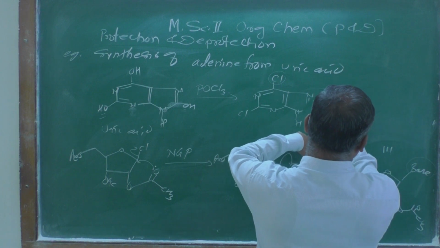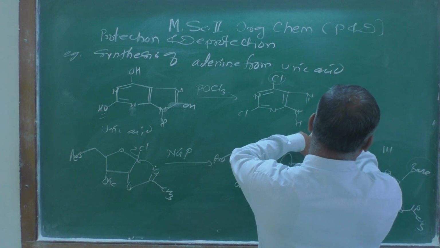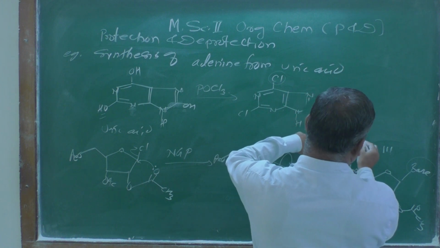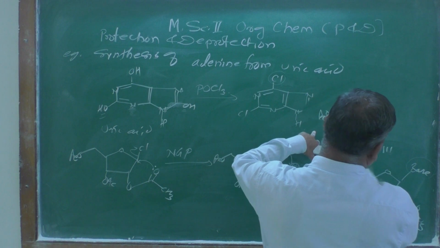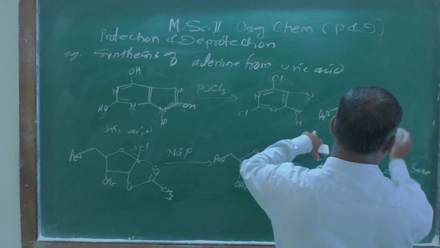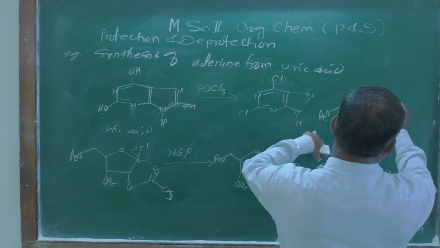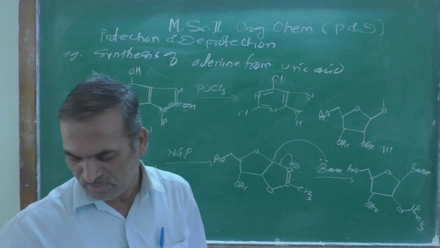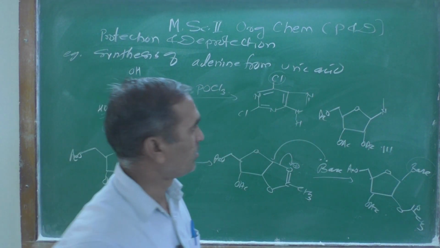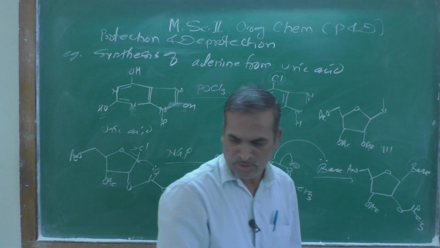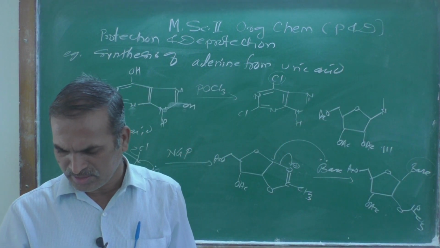This is the structure: OAc, then OAc, then OAc you can write, and then the base will be here, N, then the base will be this one, N, a 5-membered ring base.